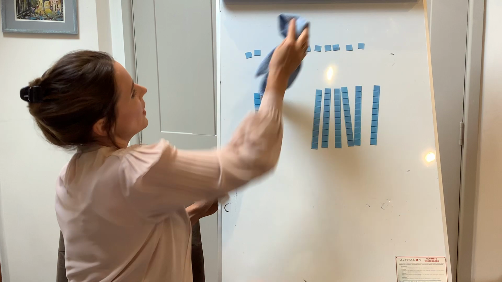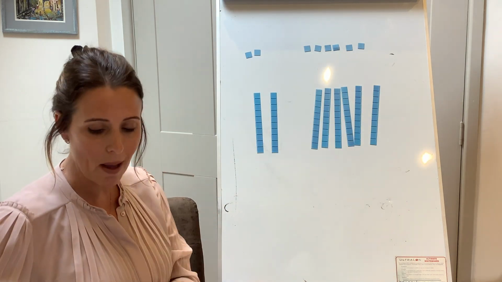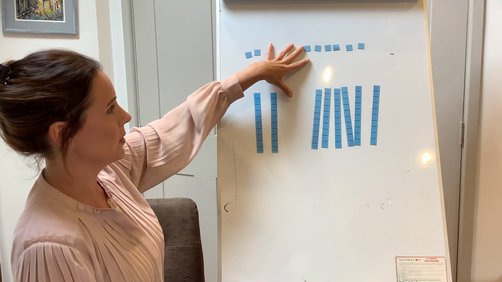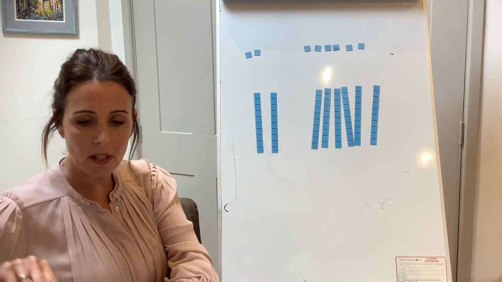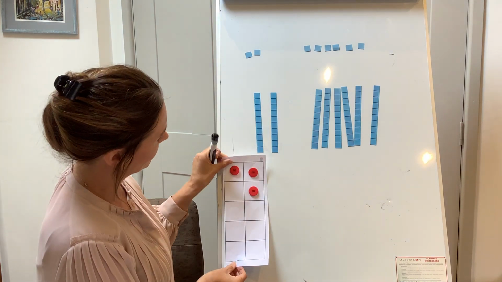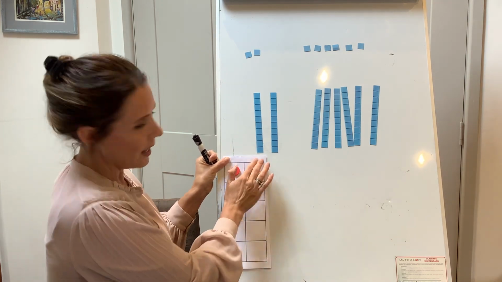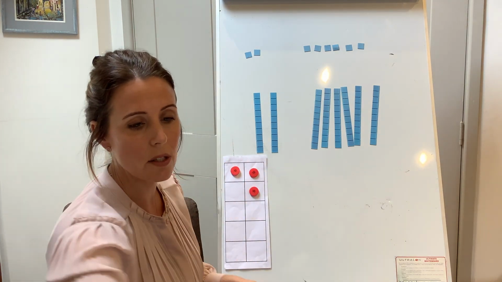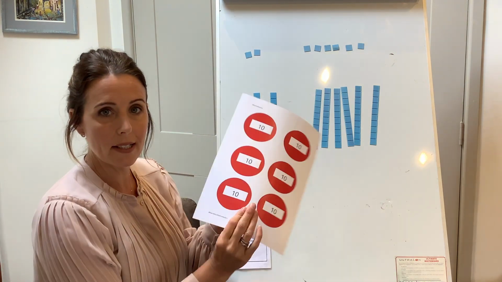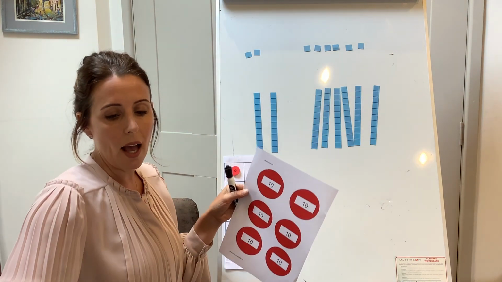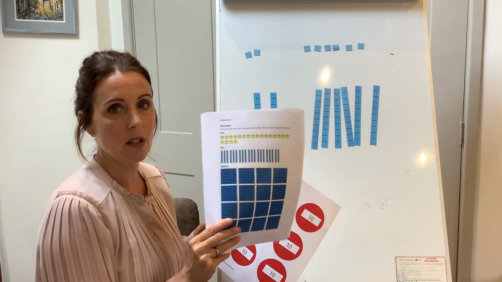Right, so now think about using related facts. You can use counters or you can use base 10. You can use the tens frame. In the resource section, in the description section, in the Introduction to Maths Masters, you will find tens counters that you can use, and you will also find some base 10 that you can use and cut out.